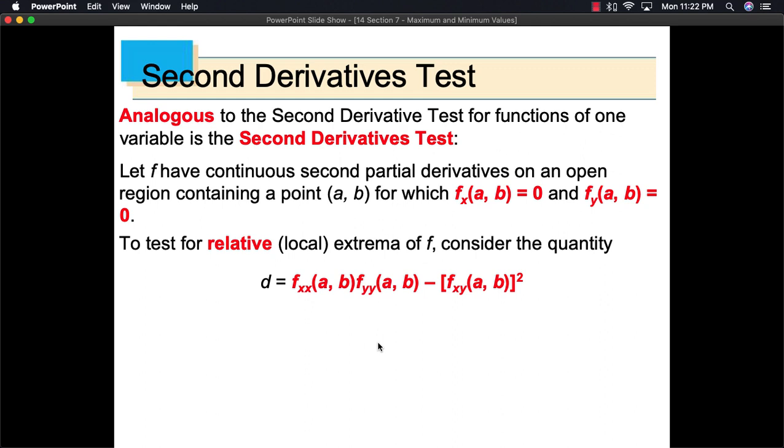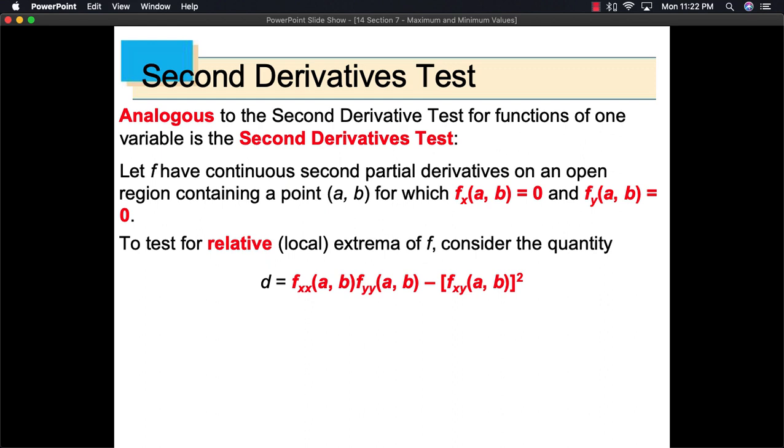Now, this formula might not make any sense to you. You might be wondering, where did this formula come from? Well, it's basically going to help you with the second derivative test. This value is going to help measure whether you have on your hands a minimum or a maximum.